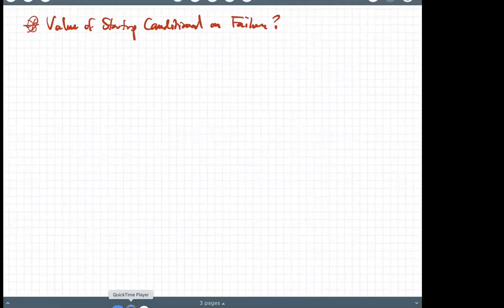Value conditional on failure should be what?